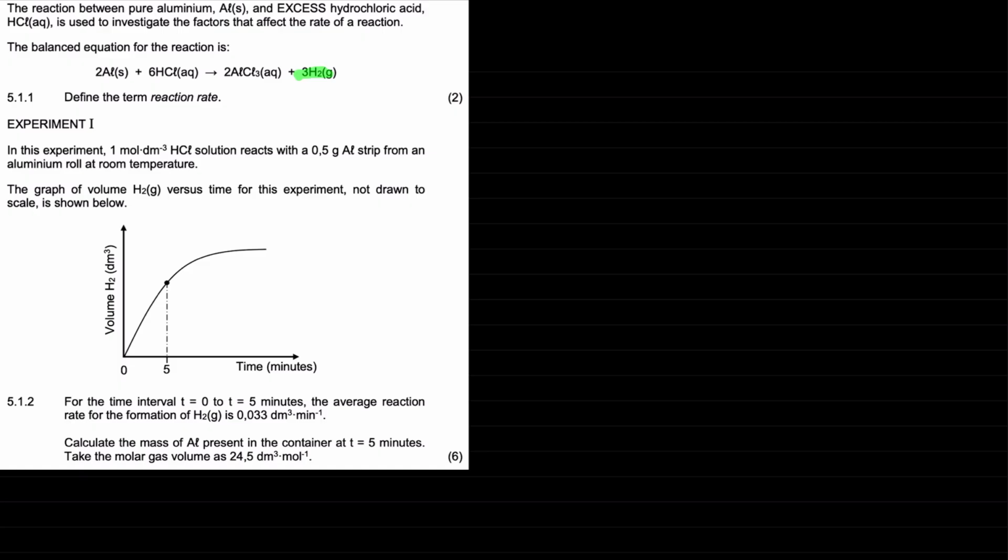Now, this is a 6-mark question, so it's going to be multiple calculations. We'll start with the rate. We've been given the rate of the reaction, so we'll start with our rate formula. In this case, we get the formula from the units. dm cubed is a measure of volume, divided by minutes, which is time.